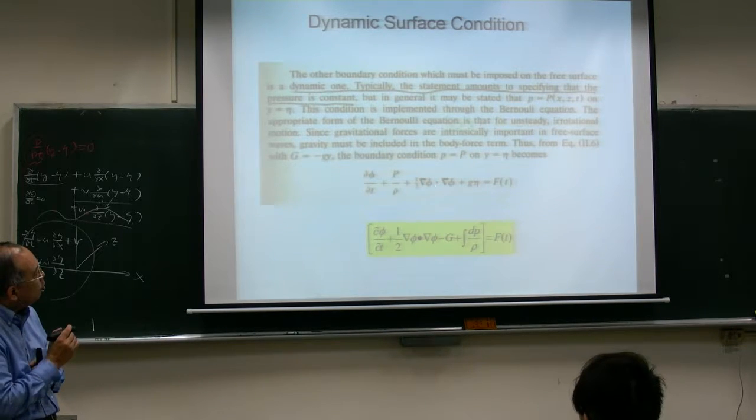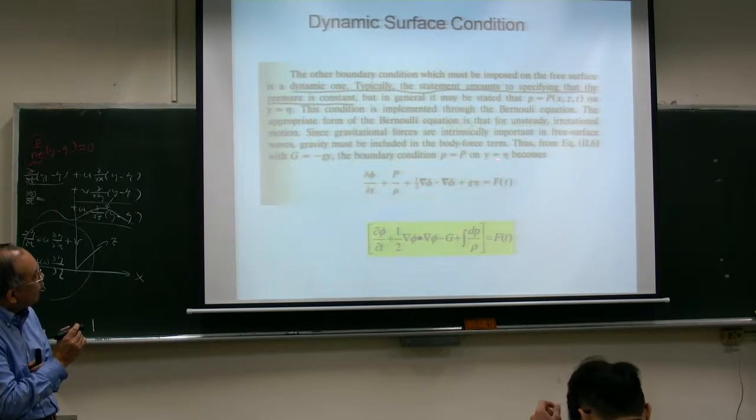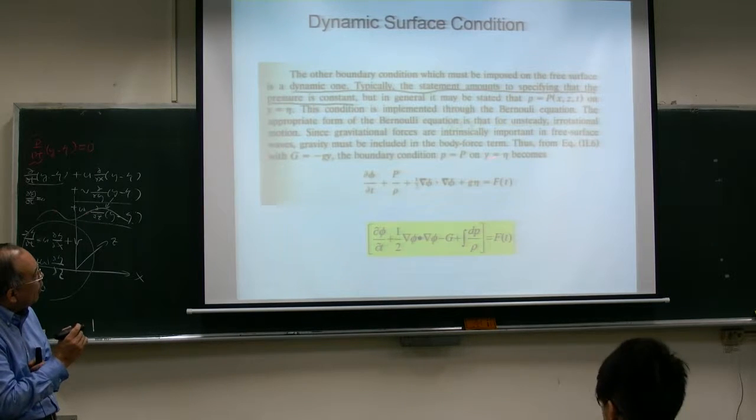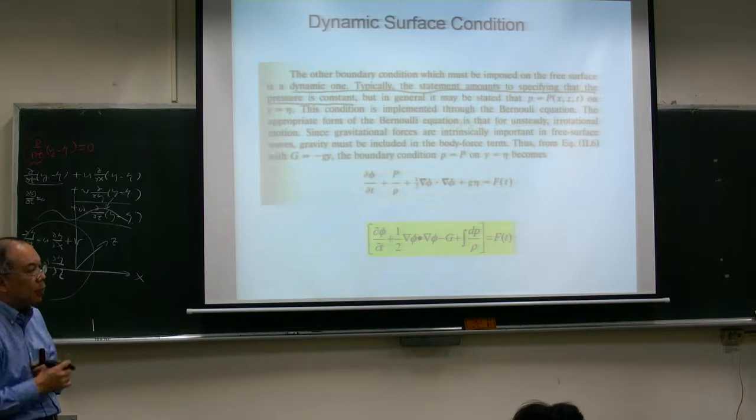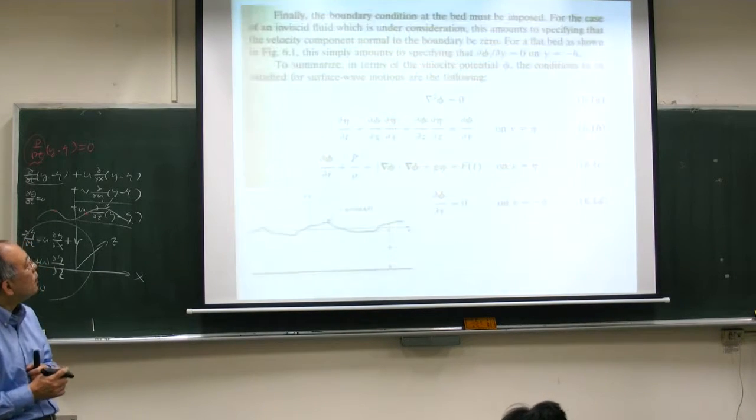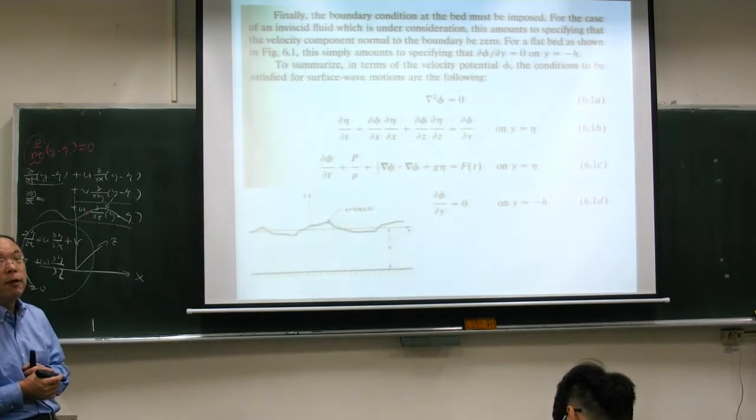Okay, if I know the flow field, and I know eta, I should be able to know the pressure on the free surface. So this pressure on the free surface is equal to capital P when y is equal to eta. So this is satisfied only at y equal to eta, on the interface. So we have the governing equations for this physical problem.